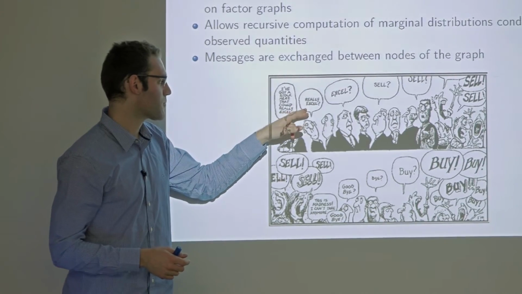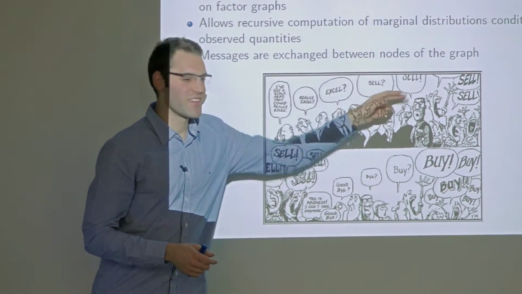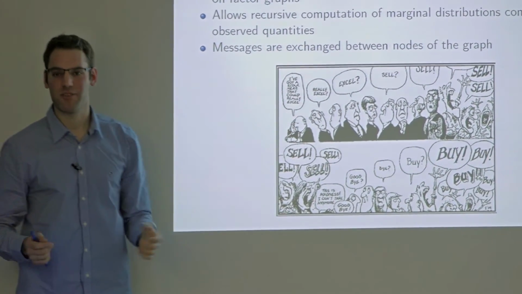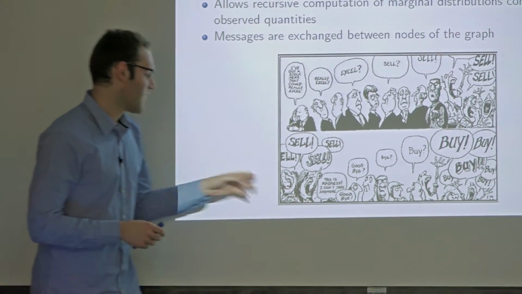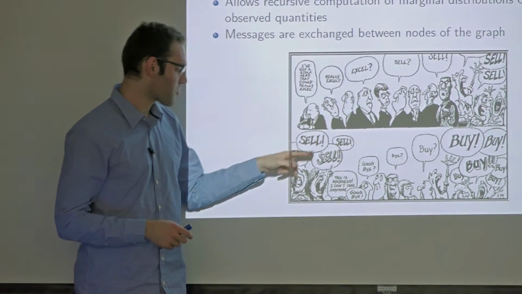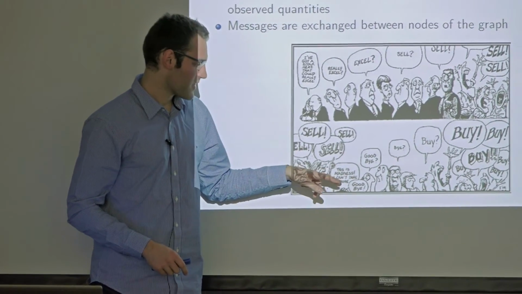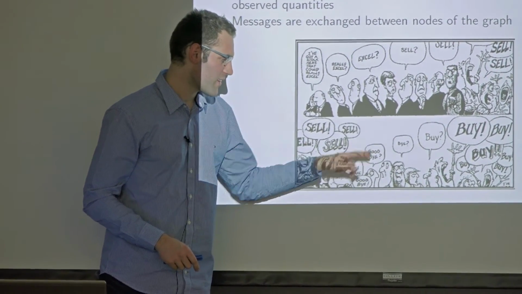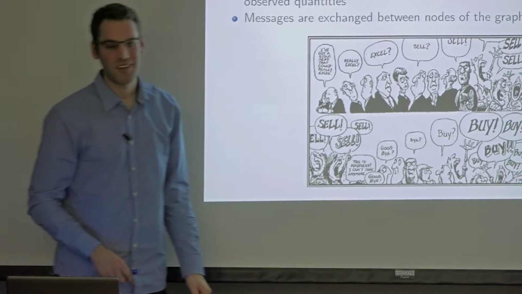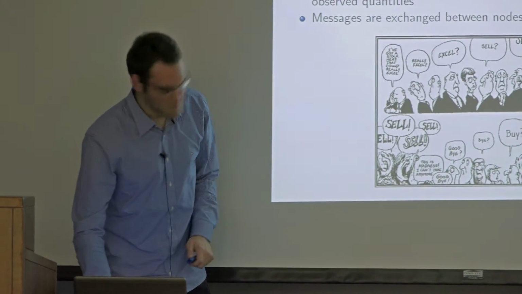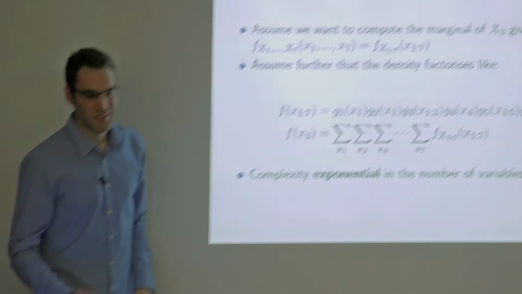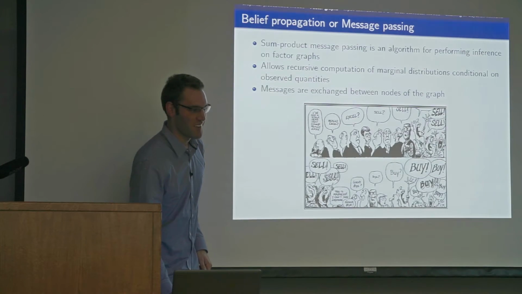And then they hear the wrong message, sell. If a stock were good, you wouldn't sell it. And here's the same sell, they just go crazy, shouting sell. And this guy says, this is madness, I'm going away, goodbye, and everyone says we should buy it. It's just a silly example, but it illustrates well the work of the message passing algorithm.